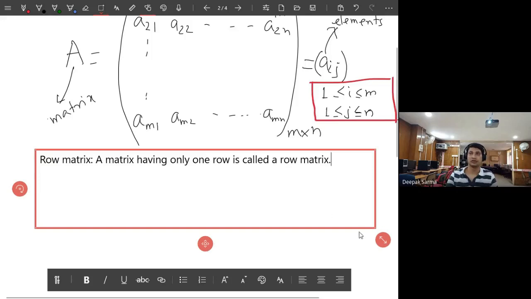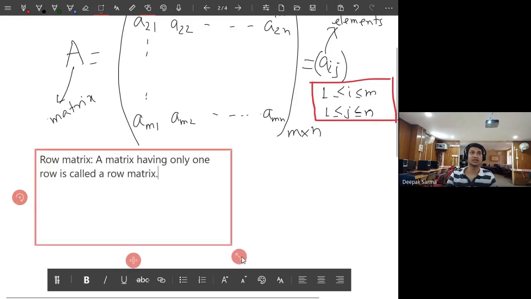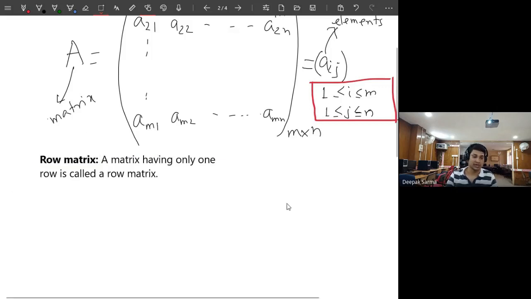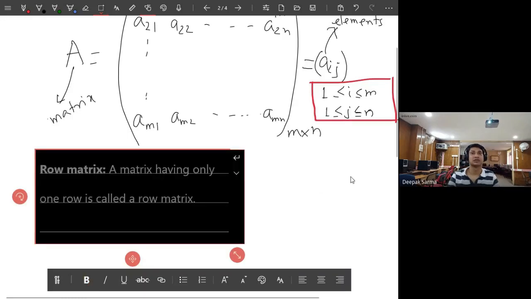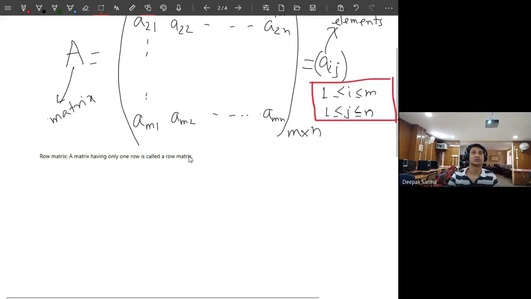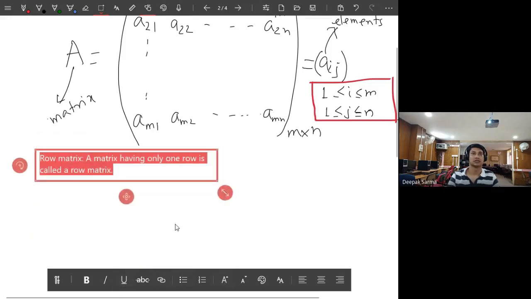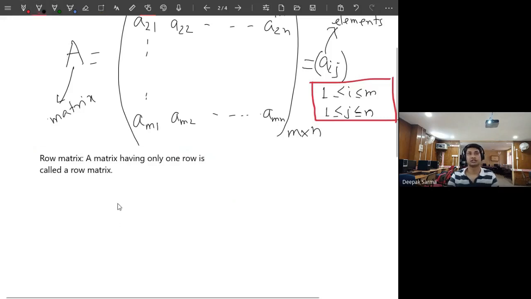So what do I mean by this? A matrix having one row. Whenever I say one row, one example, as I have said earlier, I take this pen and write only one row.